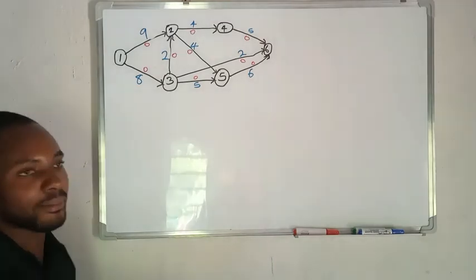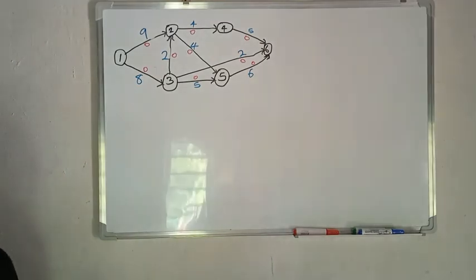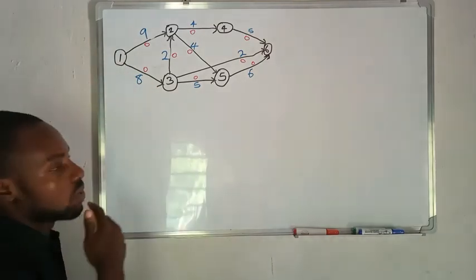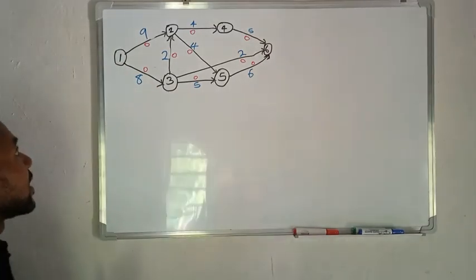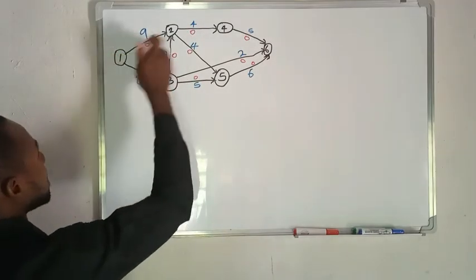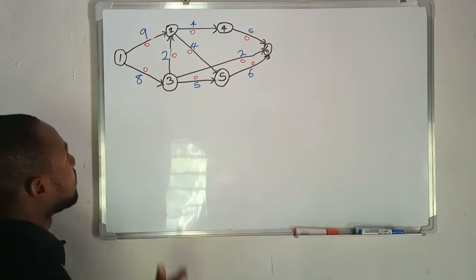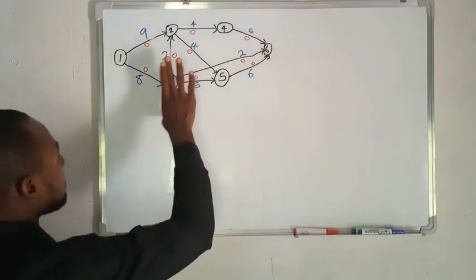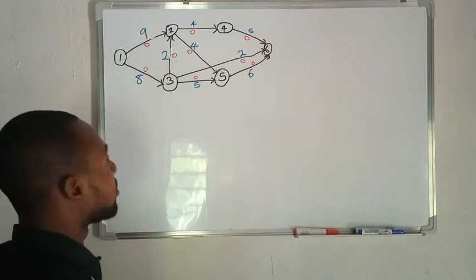So using the label algorithm theory, it says we start by labeling the nodes that are connected directly to the source node. Right here we have nodes 2 and 3 connected directly to the first node, which is the source node, and we label them first. So how do we label them?